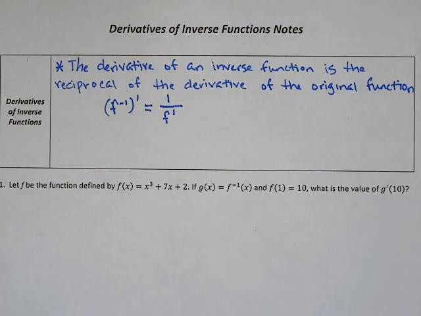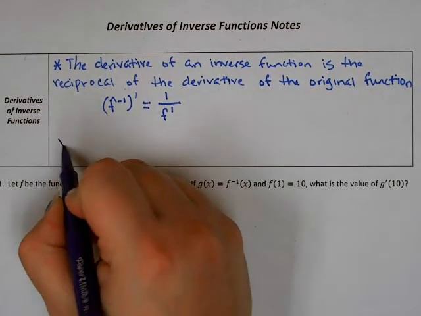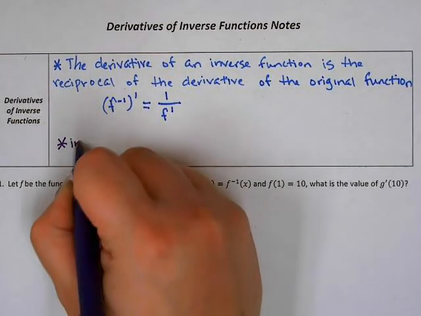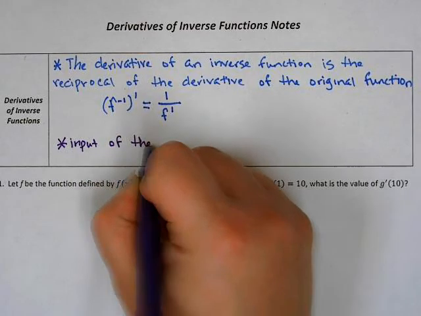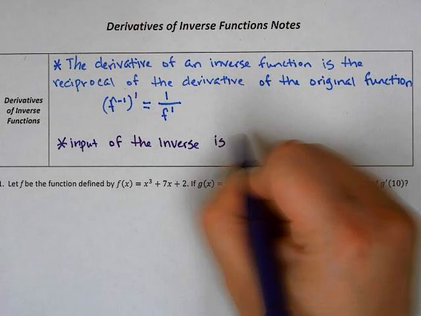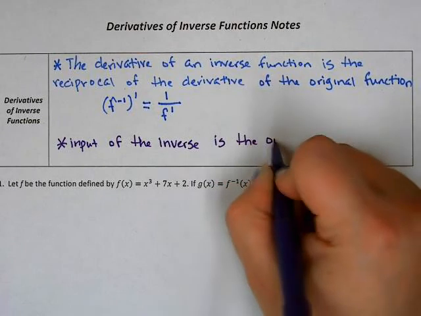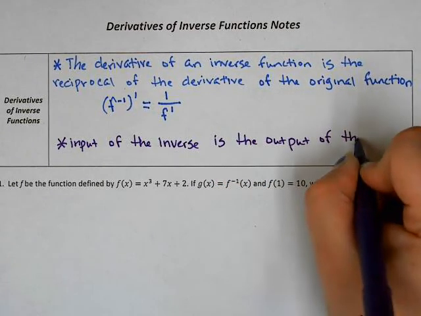Okay? The other really important piece that we need to talk about when it comes to derivatives of inverses is that we need to remember that the input of the inverse is the output of the original function.